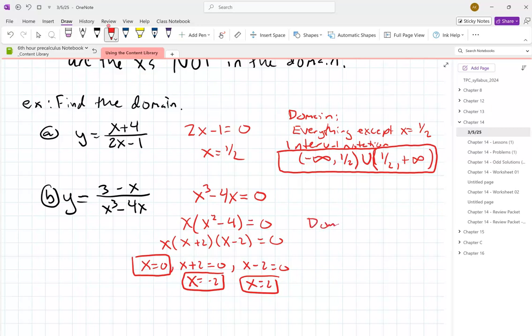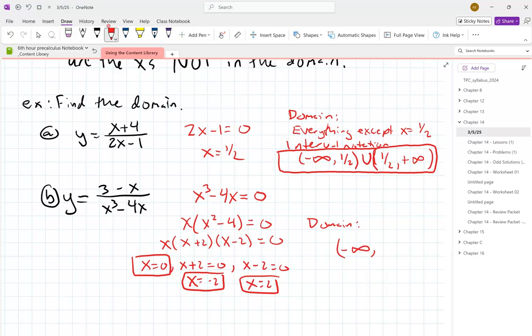So when I go to write my domain, I have everything except for 0, negative 2, and positive 2, right? But I'm not going to write it that way. I'm going to write it in interval notation. So those values, 0, negative 2, and positive 2, are the holes in my domain, right? If I start at negative infinity, which one of those do I encounter first?